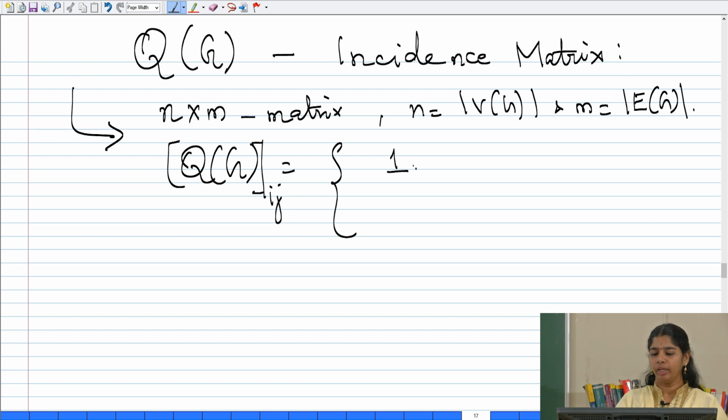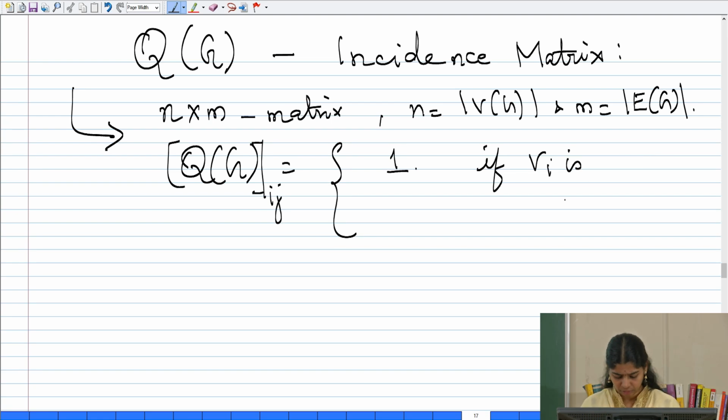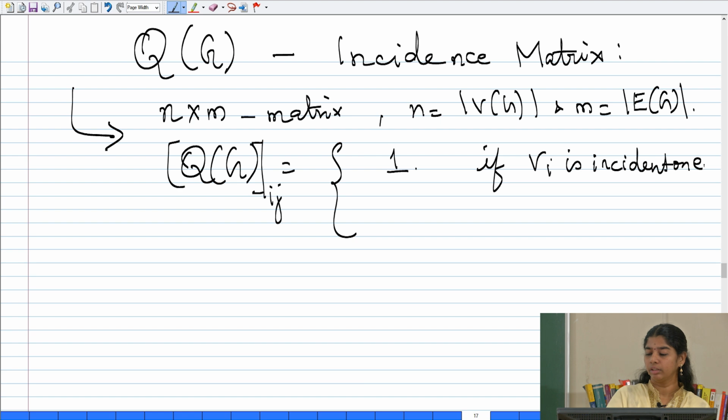plus 1 if Vi is, I should not say incident on Ej, if Vi starts, I mean Vi is incident on Ej and how would I say, Ej starts from i, Ej's tail is Vi, and minus 1 if Vi is going to be the head of the directed edge.